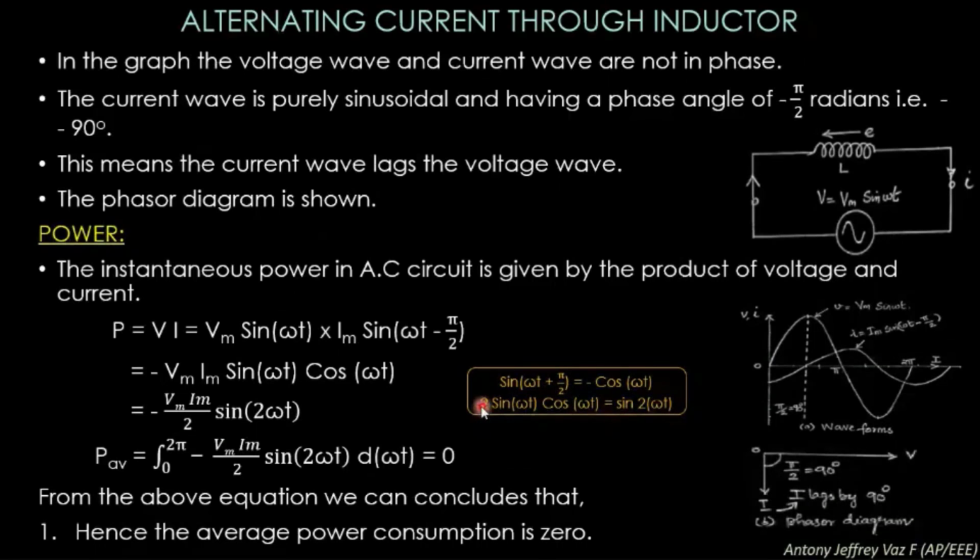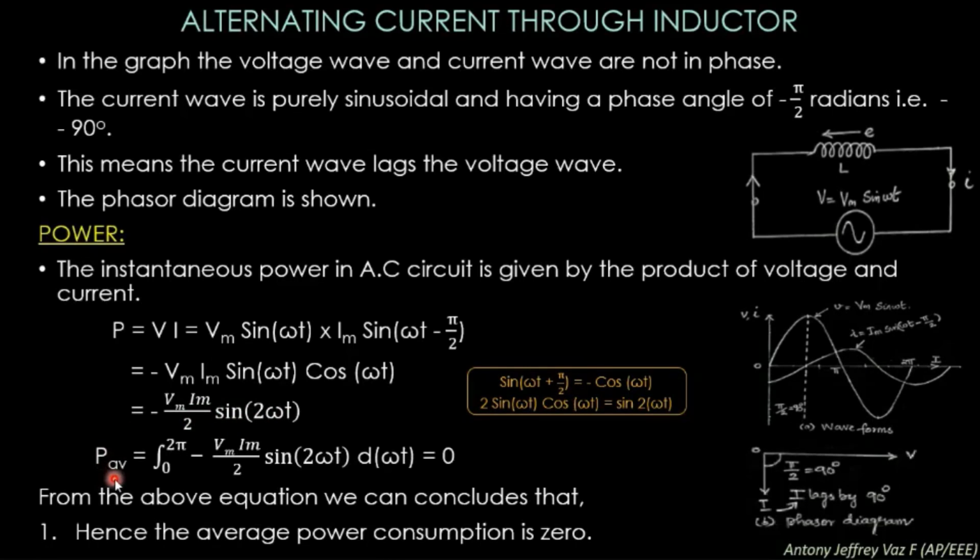So you can put the 2 in the denominator and you get sine omega t cos omega t equal to sine 2 omega t divided by 2. So substitute the value here, and you will get minus of Vm Im by 2 sine 2 omega t.